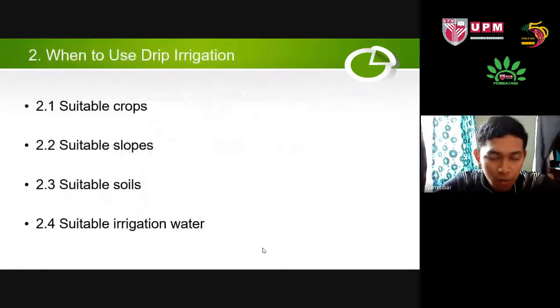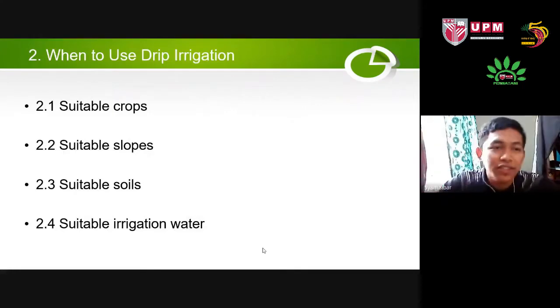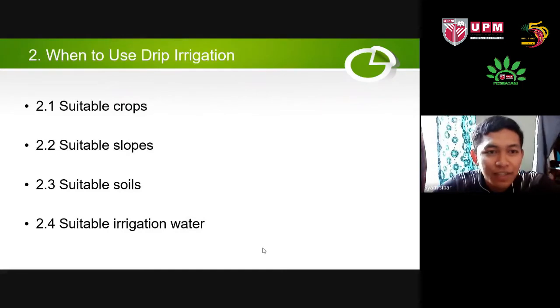So when to use drip irrigation, before we want to use drip irrigation, we need to consider four types of condition. The first one is suitable crops. For your information, drip irrigation is suitable for most crops, especially row crops like vegetables and soft fruit.